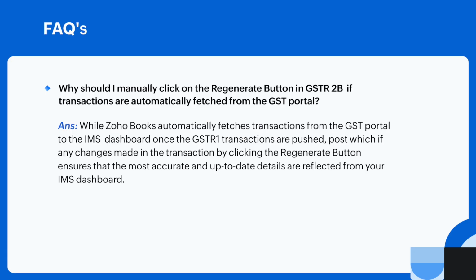Only when you click on the regenerate button will the latest transactions, let's say if your supplier has made any changes in the GSTR1 or any manual amendment has been passed, be fetched. To get the most accurate and up-to-date details, you have to click on the regenerate button.